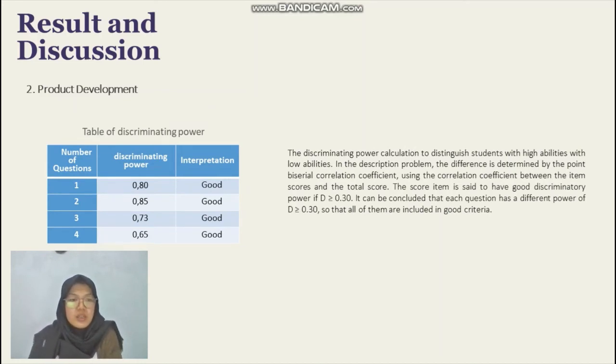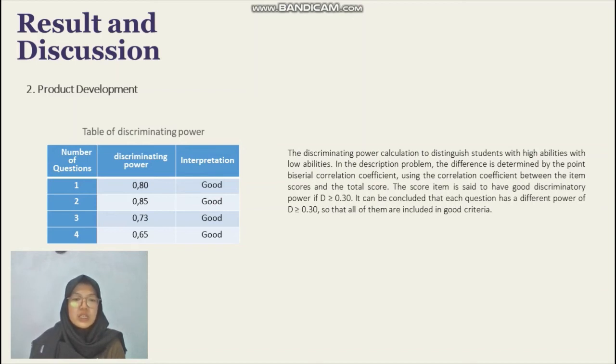After that, there is a table of discriminating power. Number 1 is good, with a coefficient of 0.8. Number 2 is good, with a coefficient of 0.85.